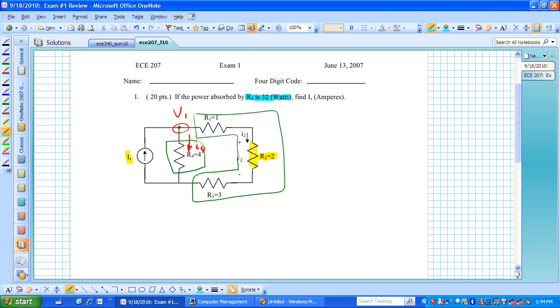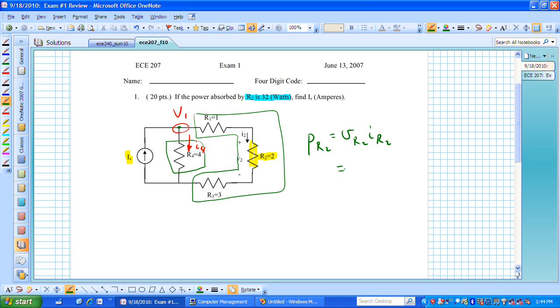because we've been given something a little different, and that is the power absorbed by this resistor R sub 2. But if you remember a little bit about the power of R sub 2, that's just the voltage across R sub 2 times the current through R sub 2.